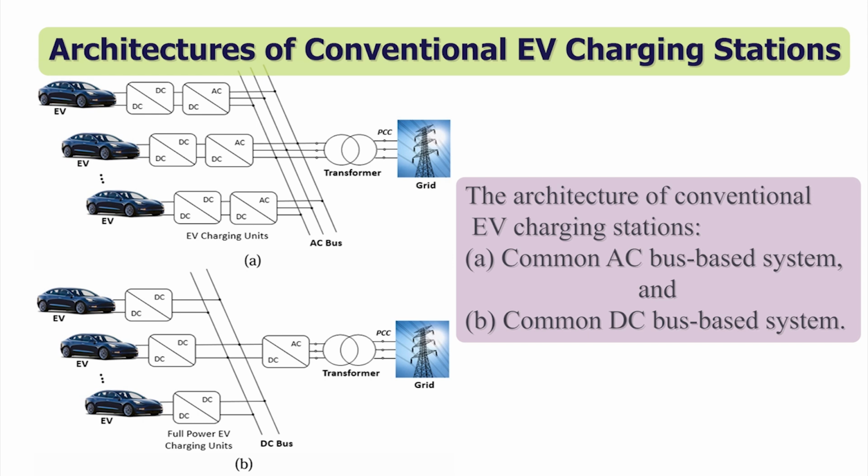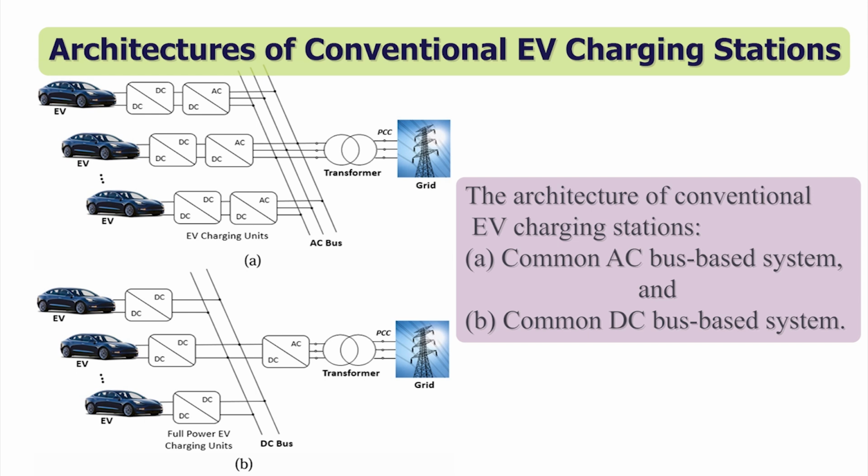If you have an AC bus, it will supply AC, we can integrate an onboard charger, but it will be difficult to get a DC fast charging station. So, for that purpose we have an onboard charger like AC to DC and then a DC to DC conversion unit inside the vehicle, and they can be directly integrated at the DC bus.